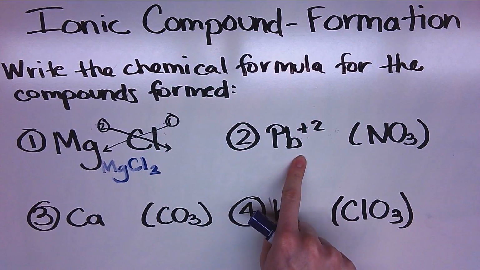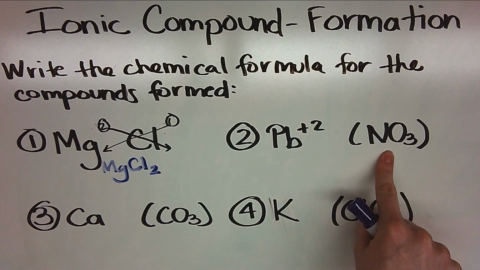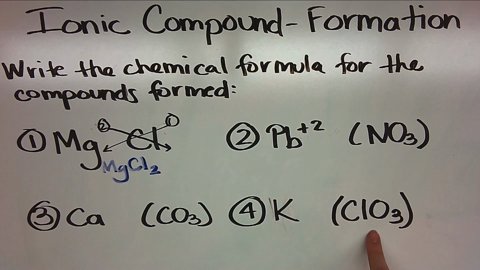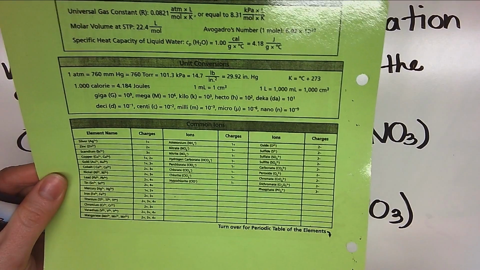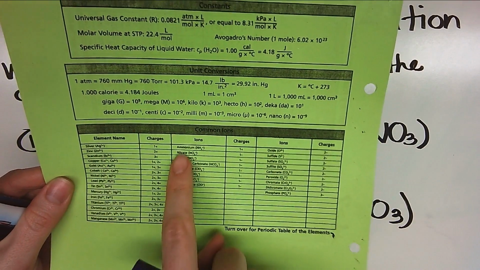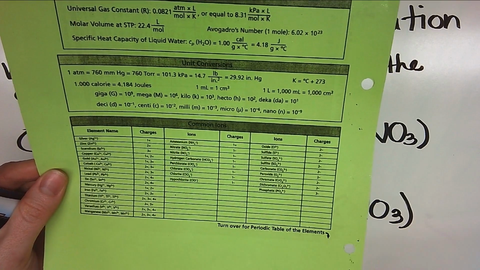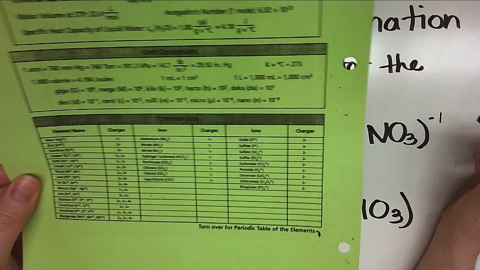That's why ours was given to us. So this is lead with a +2 charge. Then we have this NO3 group. These groups are polyatomic ions. So when I'm wanting to find their charge, I'm going to have to look on the back of my reference sheet. So I'm going to search for NO3 and I'm going to scan and I find it. So NO3 has a -1 charge.